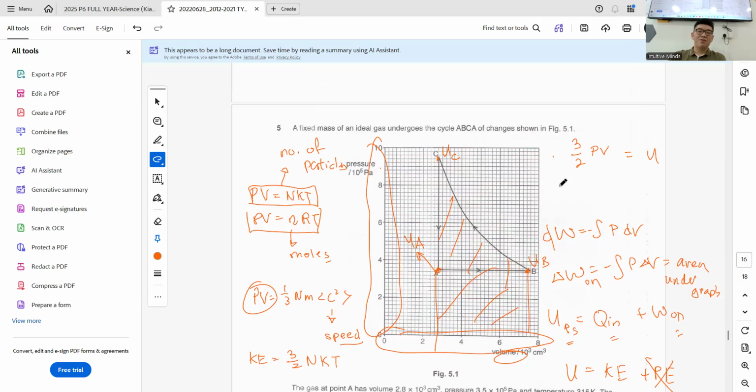And let's say they ask you to find change from UA to B. It's just UB minus UA, which will become 3/2 times PB VB minus PA VA.